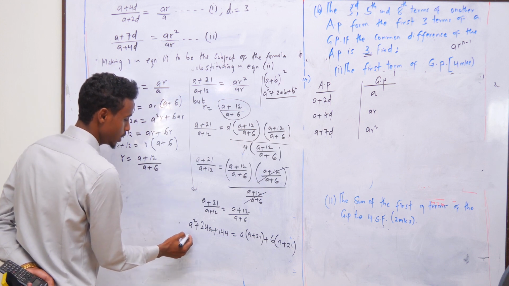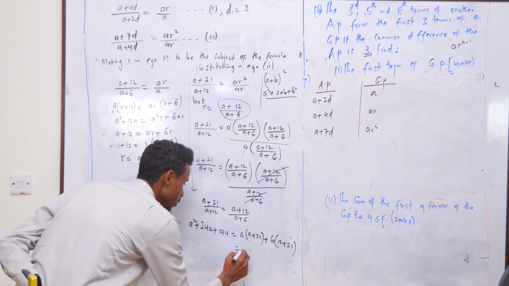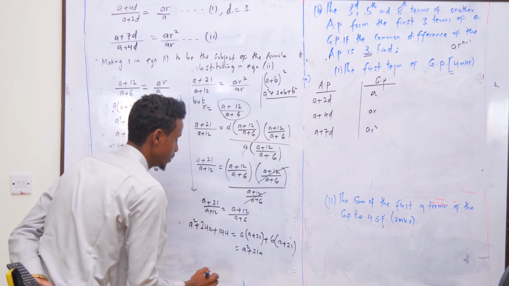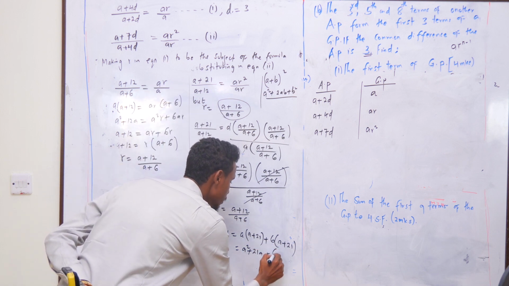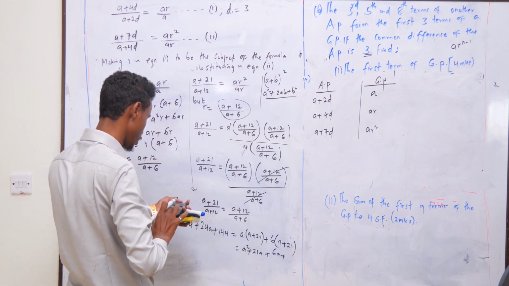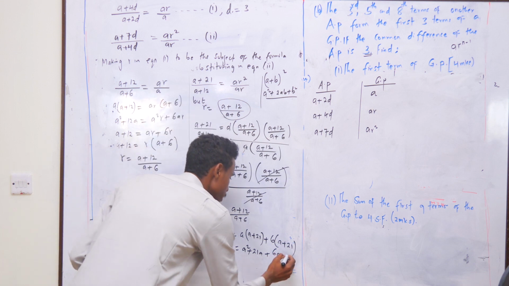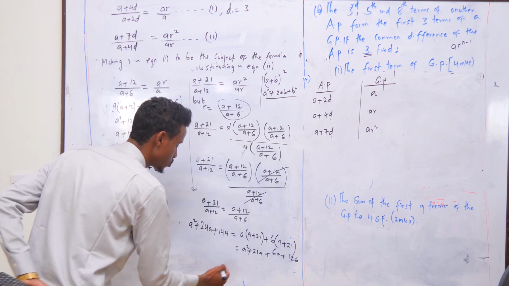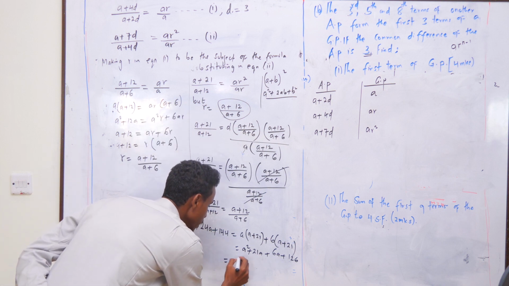Now let's do it: a squared plus 21a plus 6a plus 21 times 6, which is 126. Now let's put it together and finish up very quickly.